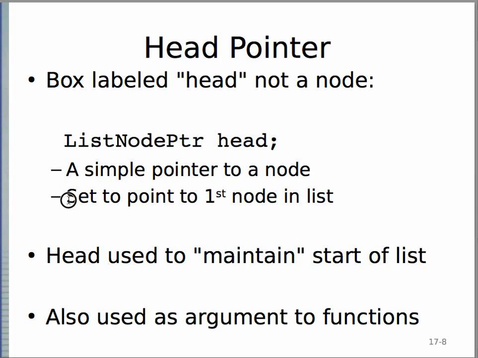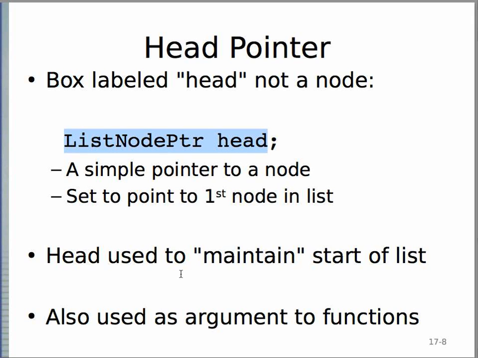And the convention is to use a name like head, and there's also a tail. So a list will have a first node and a last node. I like to use first and last. The book prefers head and tail. Either one is fine. So what's usually done is you initialize, and this is the kind of thing that I would do: I would say head equals null right away, just to make sure that there's no chance of a bug somehow getting in.